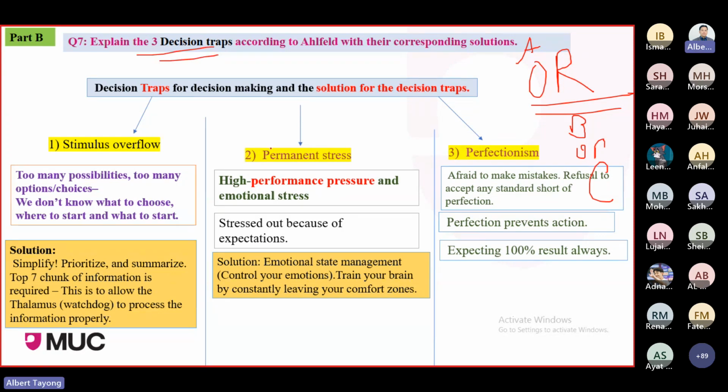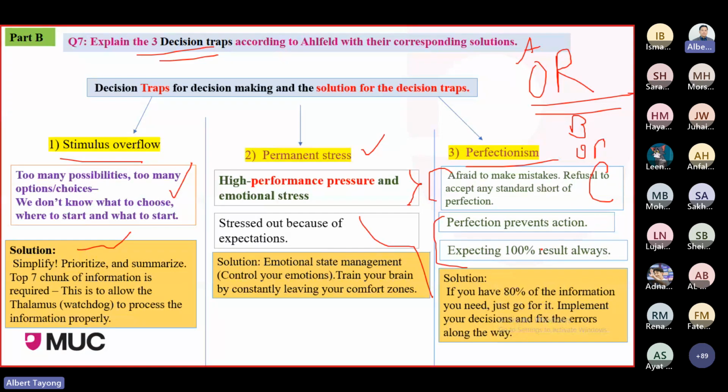3 decision traps: stimulus overflow, you have to explain it, and the solution. Permanent stress, what is it? And the solution. Perfectionism, talk about it and the solution. Okay, so of course, if you have 80% of the information you need, just go for it.